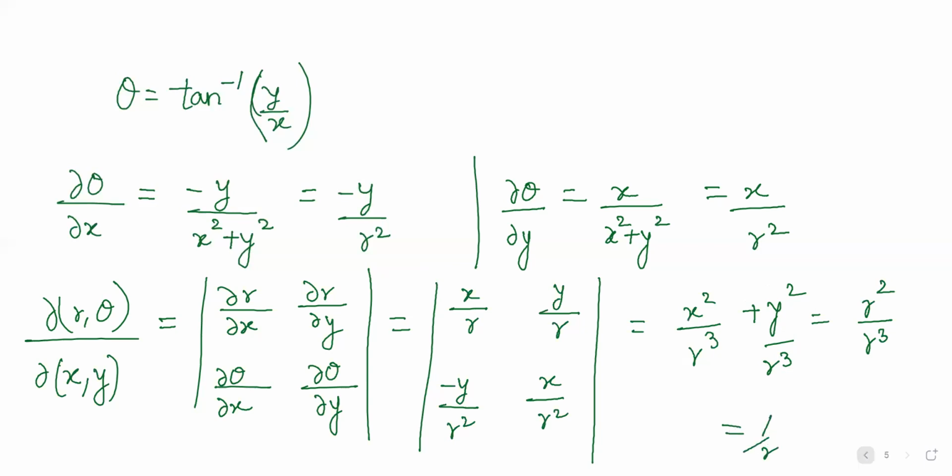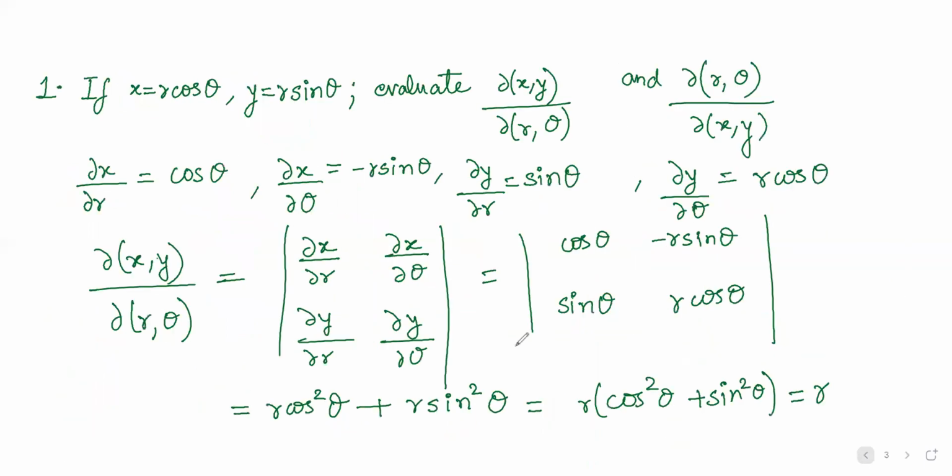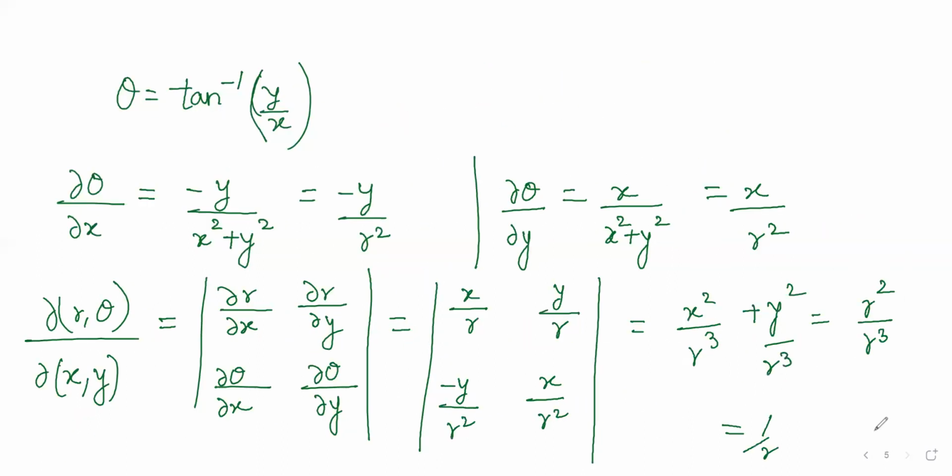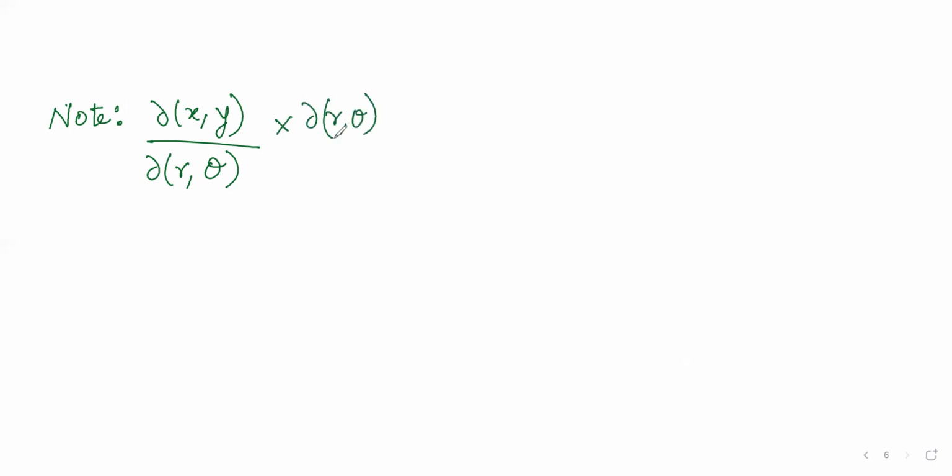So we saw that the one we had was equal to r, and its inverse is equal to 1 upon r. What can we write? If we take the inverse relation, delta x comma y upon delta r comma theta into delta r comma theta upon delta x comma y is equal to 1.